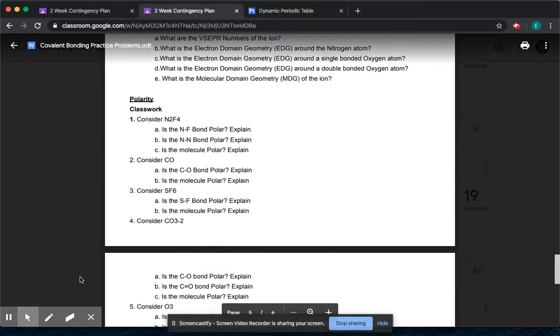So let's draw it, because we have to draw it in order to answer the questions. So consider N2F4. We've seen N2F4 before.